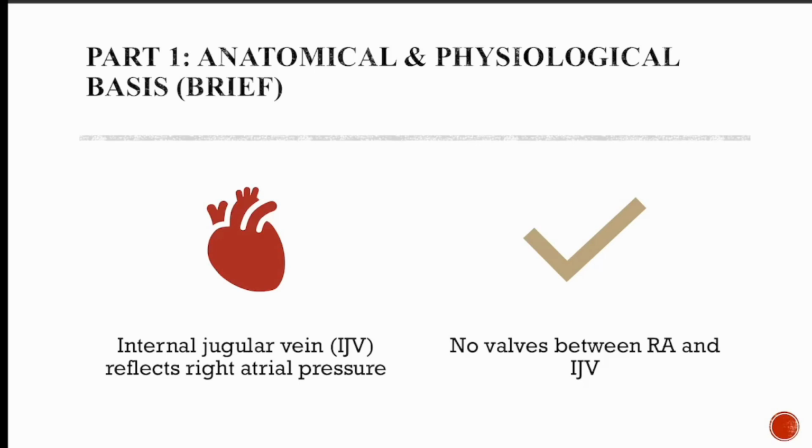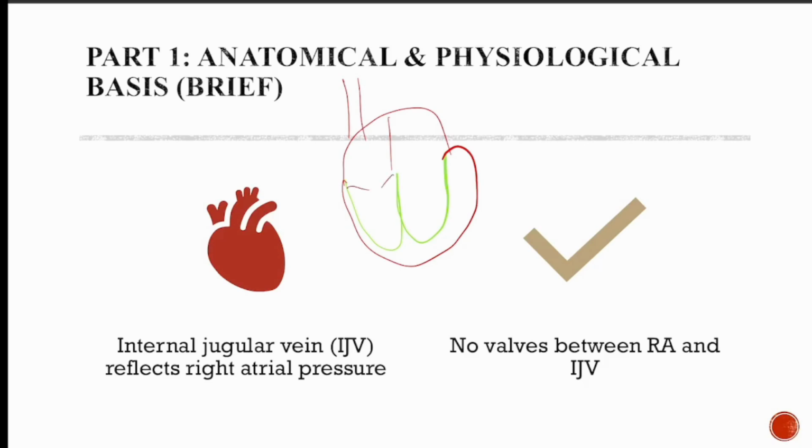So the JVP is a representation of the right atrial pressure. This is the ventricle, this is the atria, and as we know this is the vena cava.